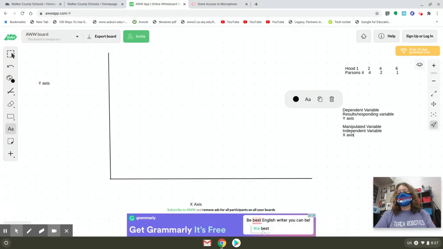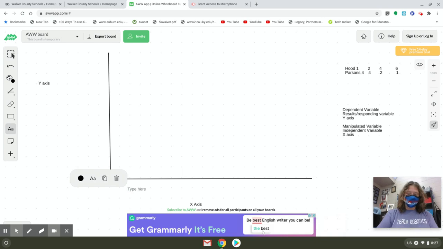So as a hint, the independent variable is the thing that you put in your data table before you ever start your experiment. So in this case, the independent variable are the months of the school year. So we're going to add those on our x-axis.